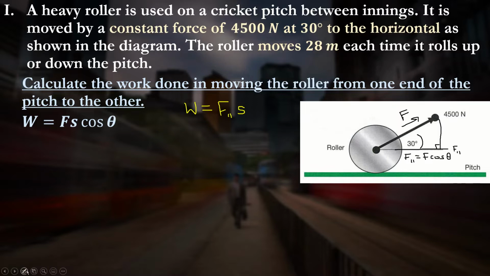So we just need to find the components of what theta is. We know from the question theta is going to be 30 degrees, and we know that the F parallel is just going to be F cos theta. F is 4,500, so that's 4,500.